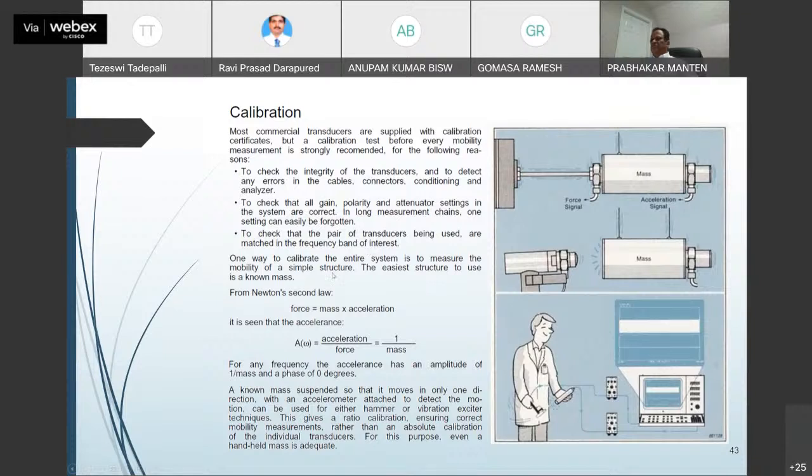So how do you calibrate the entire system? You measure the mobility of a simple structure. The easiest structure to use is some known mass. You weigh it and divide by gravity to get the mass, not the weight. From Newton's second law, force is equal to mass times acceleration.